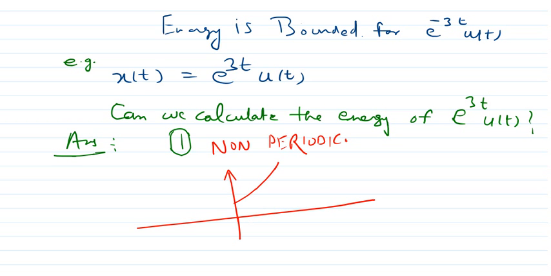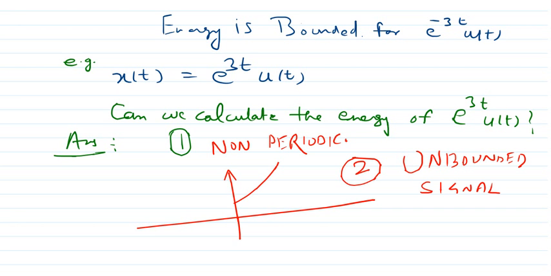Now if we analyze the graph, what we observe is that it is unbounded. So it is an unbounded signal.